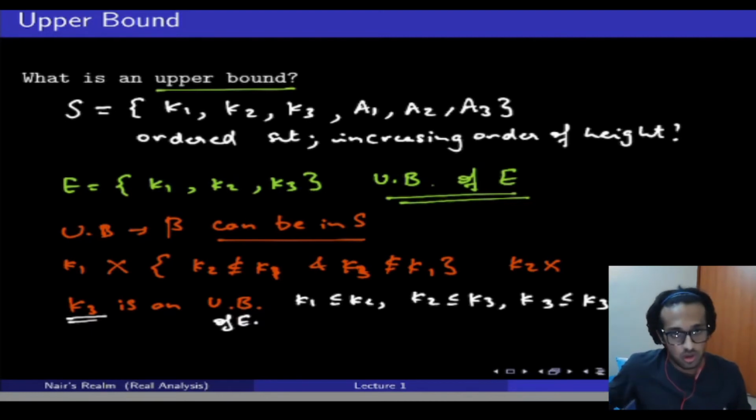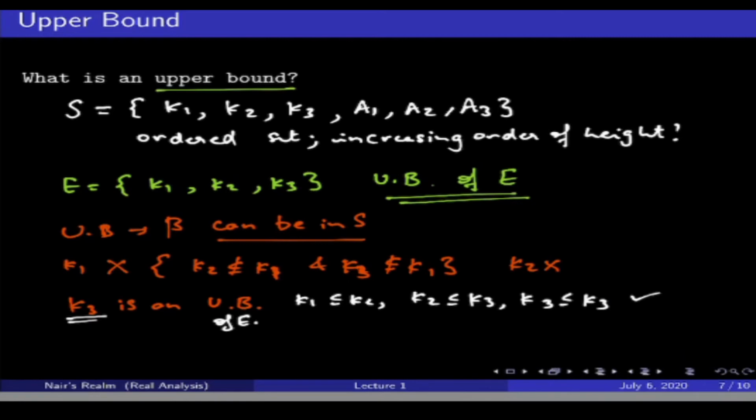Now comes the question: is K3 the only upper bound of E? Are there any other upper bounds of E? The answer is simply that A1, A2, A3 are also upper bounds of E.